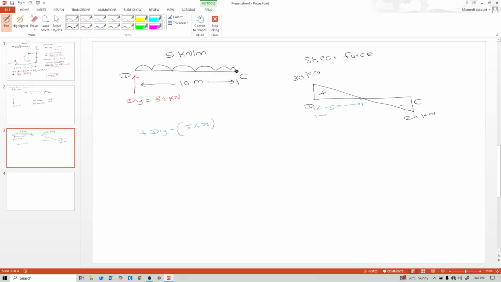Consider this distance as x, equal to 0. This Dy is 30 kilonewton minus 5 into x equal to 0.